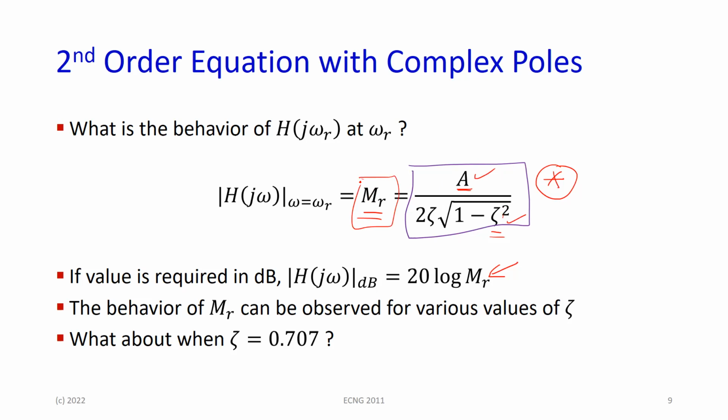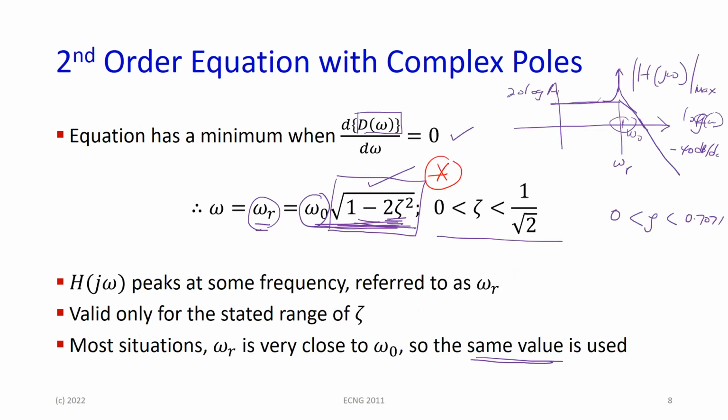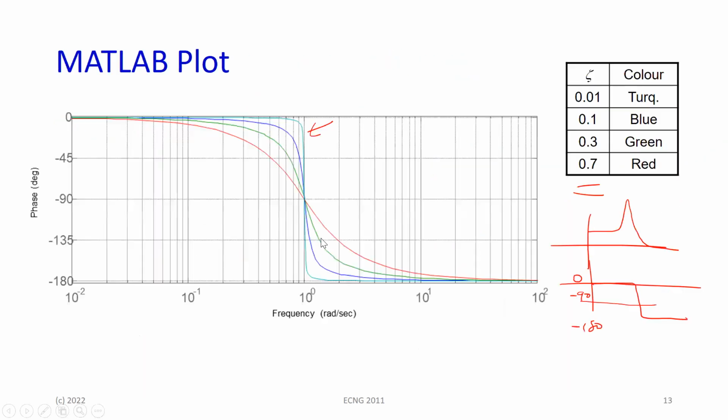Either way, you need to know the formula. Same thing here. And you'll see where we use this approximation with omega equal to omega naught, and omega being approximately the same.